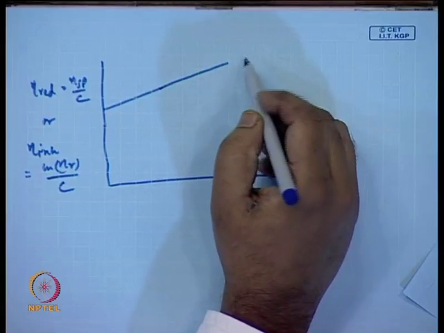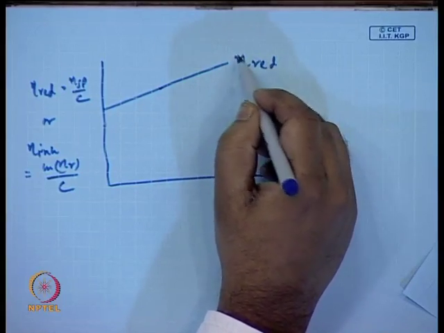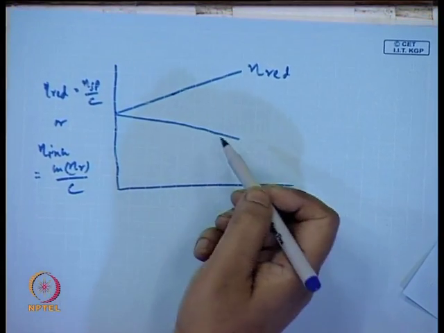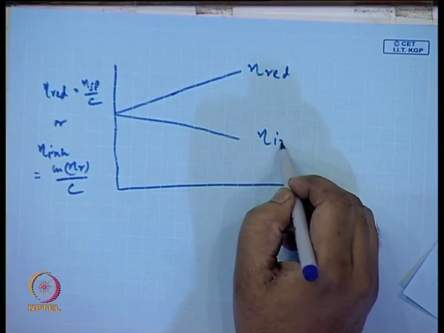So, this will be the plot for eta reduced, and the other one will be the plot for eta inherent.